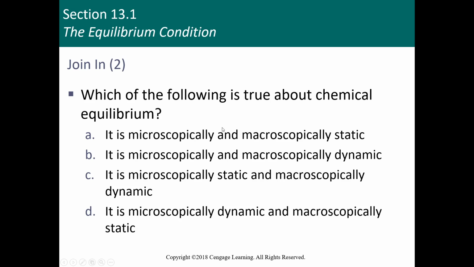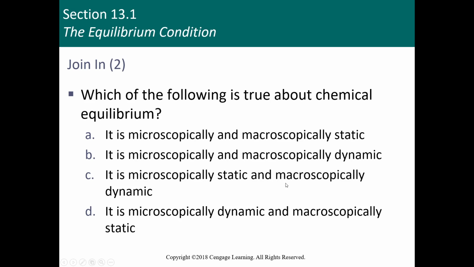We talked about the fact that microscopically on the molecular level, these things are highly dynamic. Microscopically and macroscopically, they are dynamic. Well, no, actually, the definition of chemical equilibrium tells you the macro level has to be static, doesn't it? It has to stay the same. It is microscopically static and macroscopically dynamic.